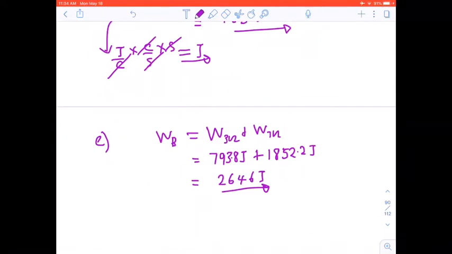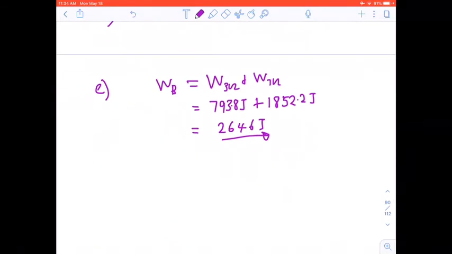That means the battery is actually losing that amount of energy per unit time. It loses that amount of energy because it transfers energy to these components.